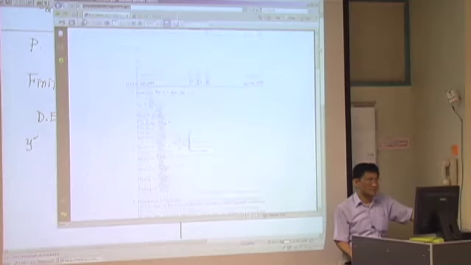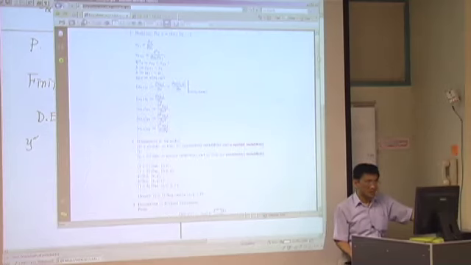So, take a look. We will use this kind of notation.